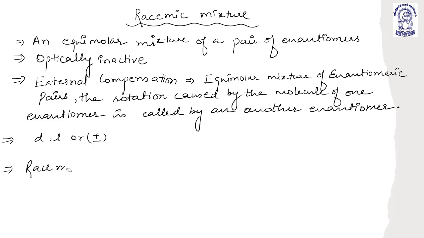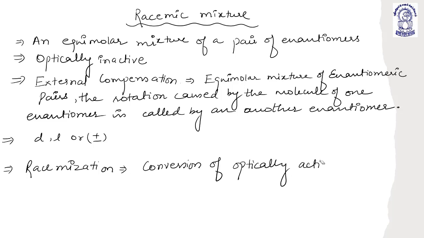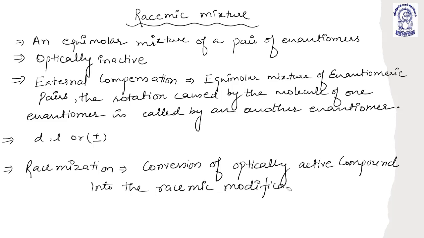Racemization. It is the process of conversion of an optically active compound into a racemic modification under the influence of agents like heat, light, chemical agents.